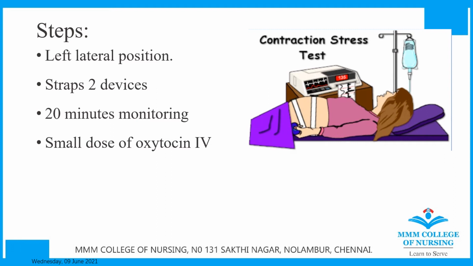But this is not as easily controlled as the medication. The contraction test lasts until the mother has 3 contractions in a 10 minute period, each lasting 40 to 60 seconds. This can take up to 2 hours.